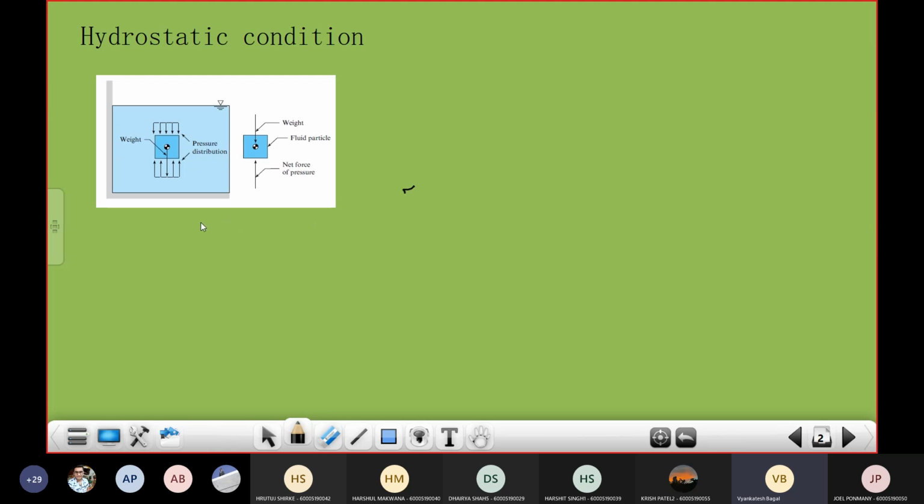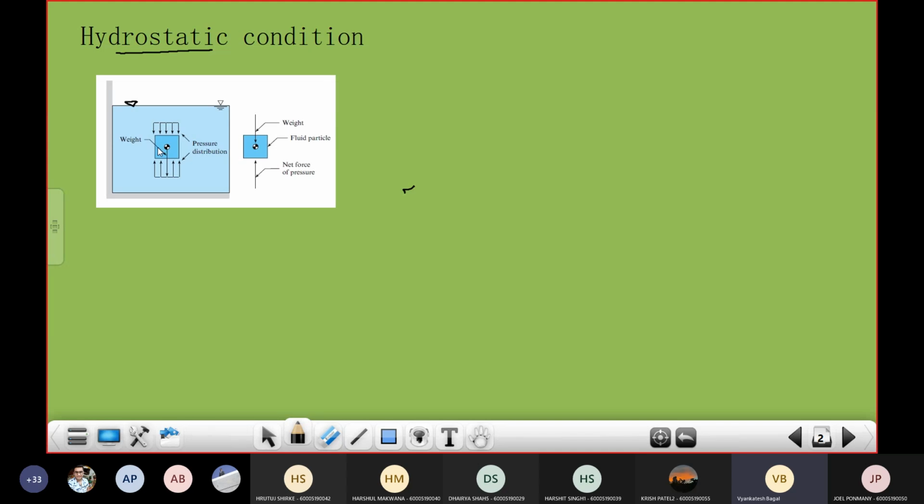So see, what we are going to do is we will define what is hydrostatic condition now. For that, what I have done is I am going to take a small fluid element like this, a fluid element in a static mass of fluid. Now this is the free surface of the fluid, and I am taking one fluid molecule from this mass.